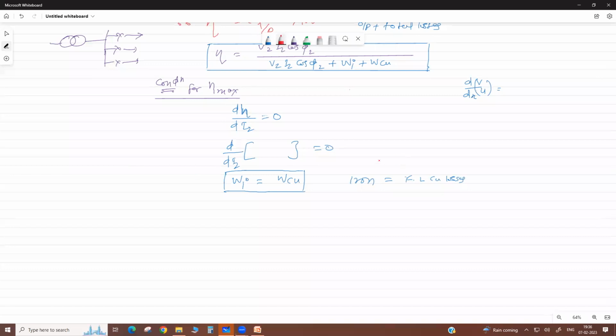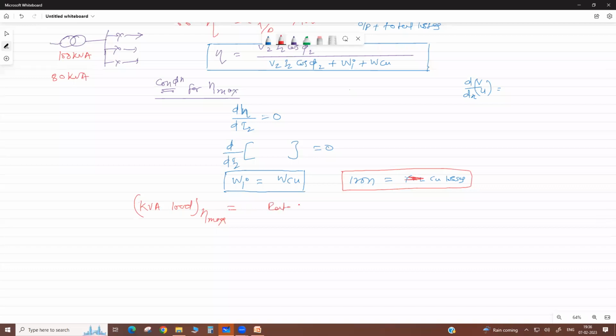Now, generally, how do we calculate when these losses will be equal? Suppose 100 kVA is the rating of the transformer. Maybe it gives the maximum efficiency at 80 kVA or 75 kVA. So we can calculate the kVA load on the transformer at which maximum efficiency occurs. What is that load?